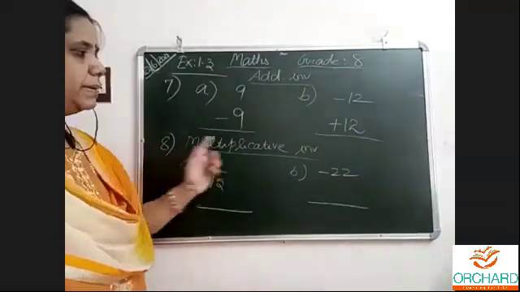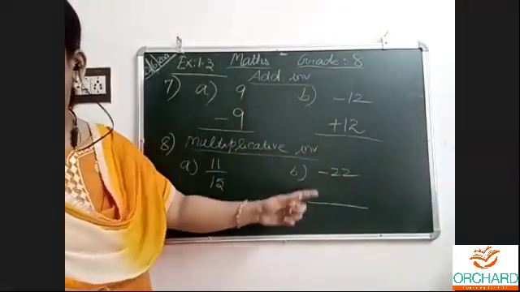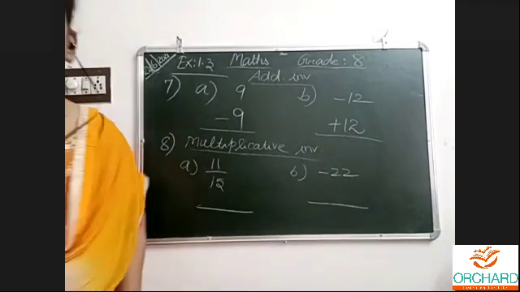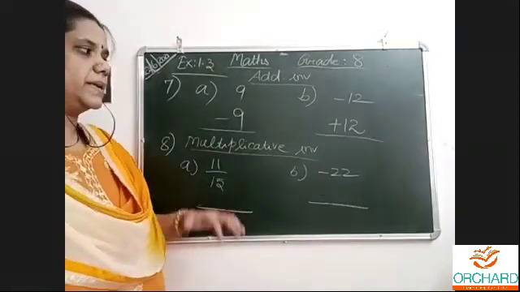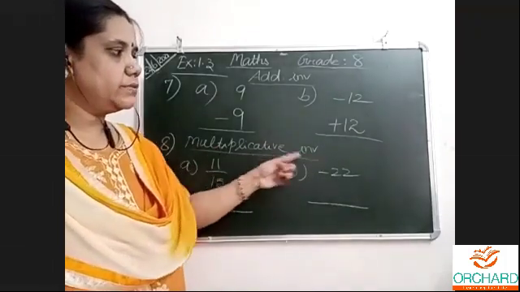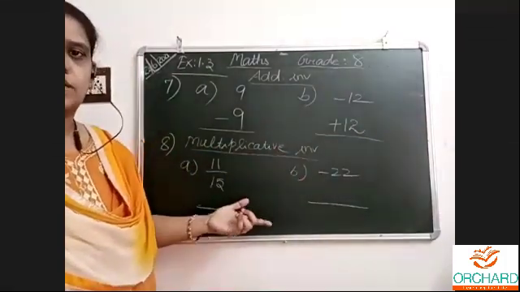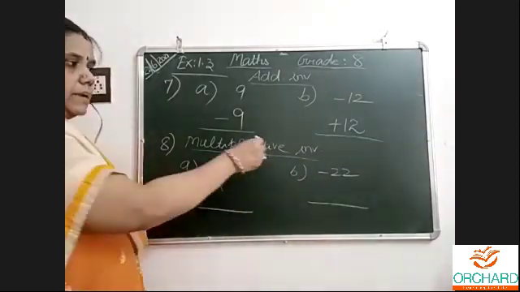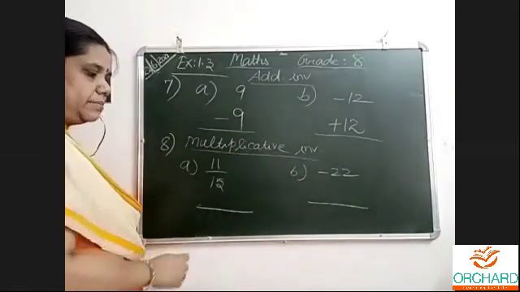Next, multiplicative inverse. Find the multiplicative inverse for the following. Whenever multiplicative inverse is asked, the opposite of multiplication, the reverse operation, is division. So what we told, multiplicative inverse means reciprocal. That I told already while teaching. Now, multiplicative inverse of 11 by 15.